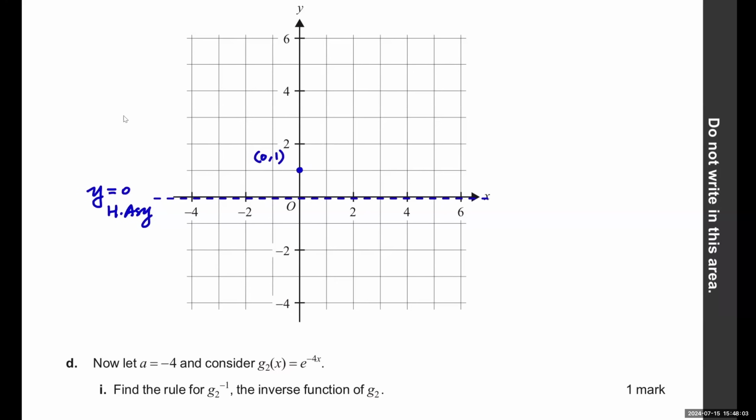And it's at 2.7, roughly here, the point of intersection.